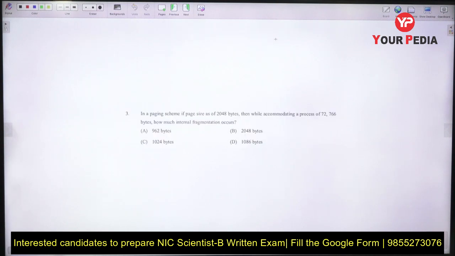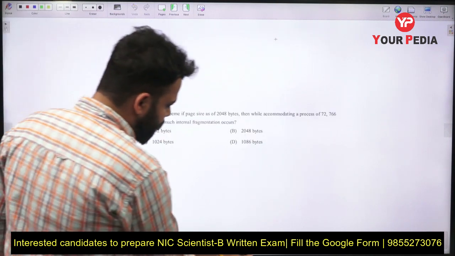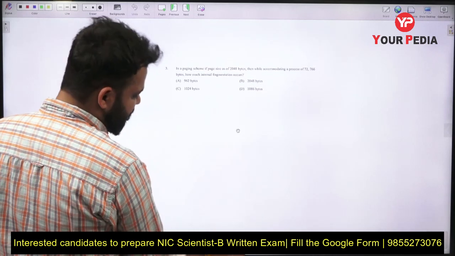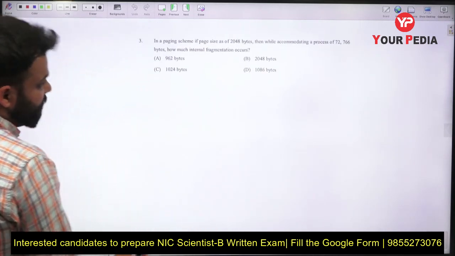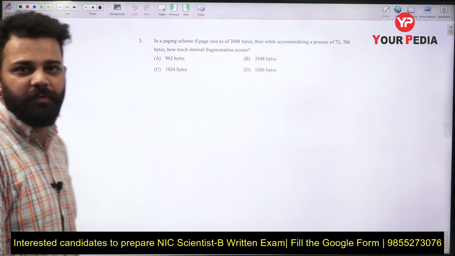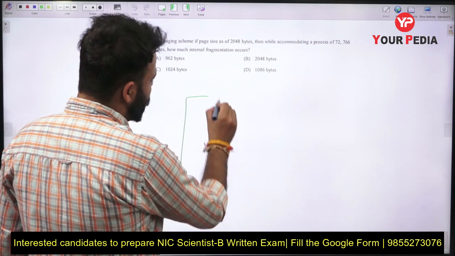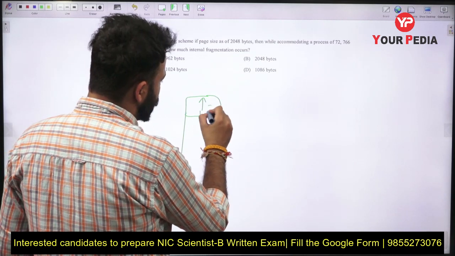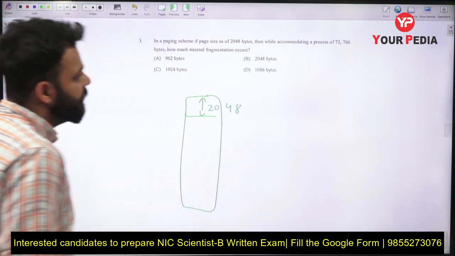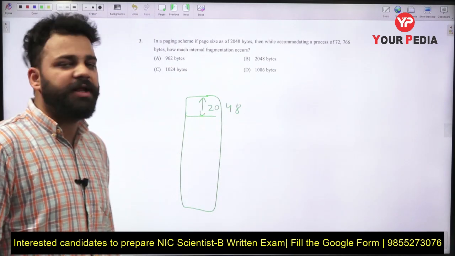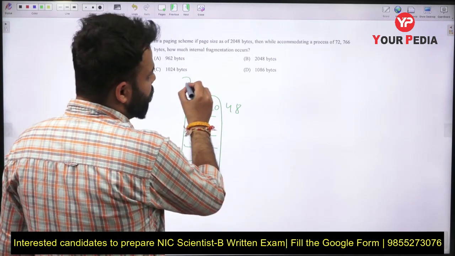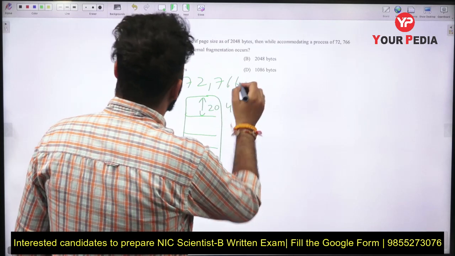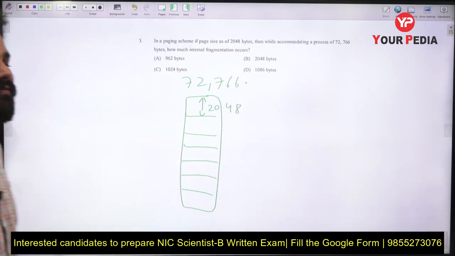Now the next question is, in a paging scheme, the page size is 2048 bytes, so there is a paging scheme where the size of one page is 2048. While accommodating a process, the process size is 72766 bytes, then how much internal fragmentation occurs?